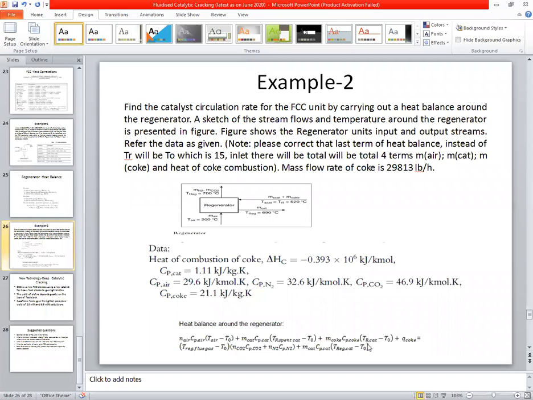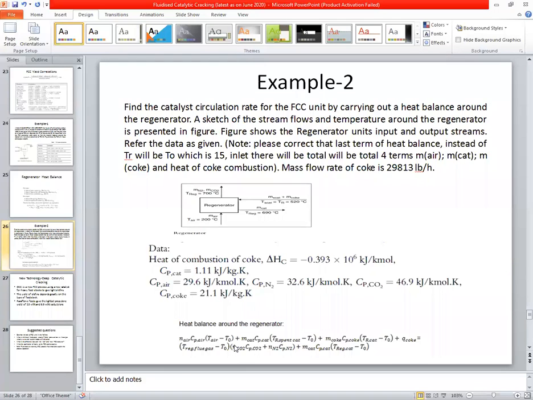The Q also? No, the Q is different. Q I will explain: Q coke is the heat of coke combustion. Here no dot. This is a different term. Only mass flow rate and molar flow rate you have to consider as rate, not weight. You write, Q coke stands for heat of coke combustion.